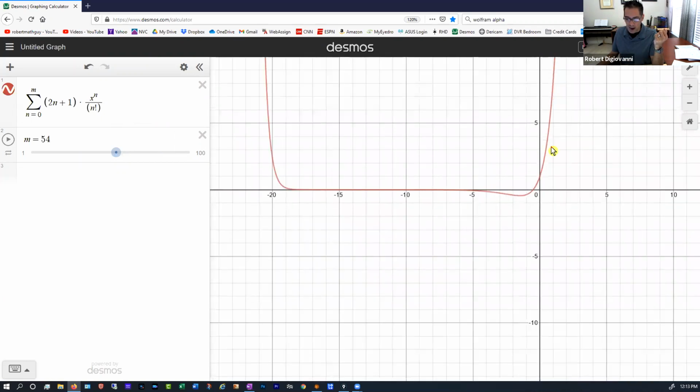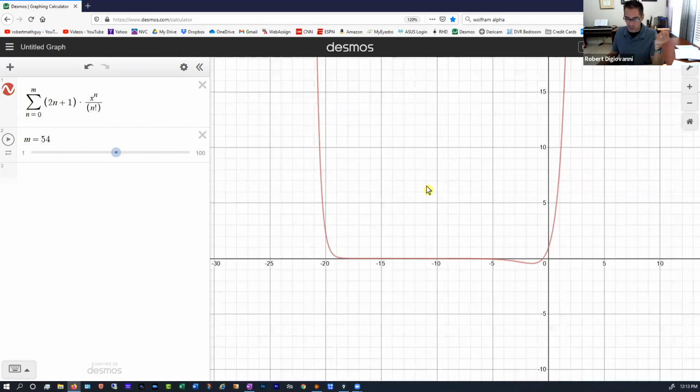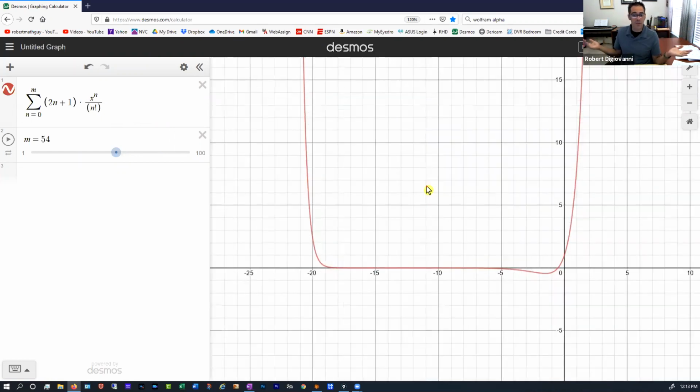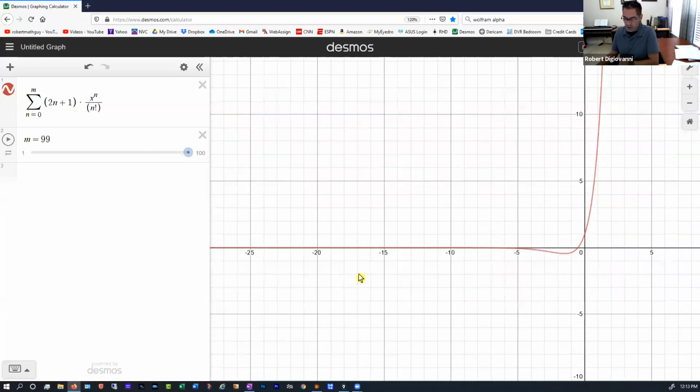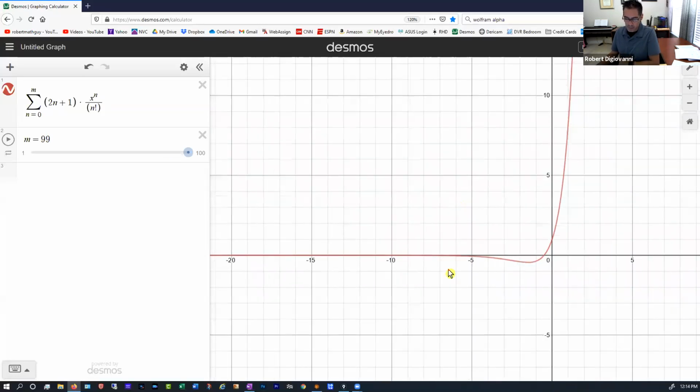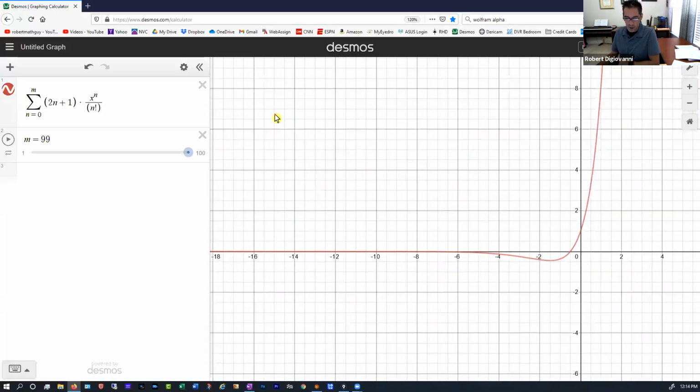And so the graph you see here is the graph of that function. Now I have to keep going out further and further. Okay, Desmos is having some trouble. There we go. There's the graph of the function. There it is. Okay, that's pretty cool.